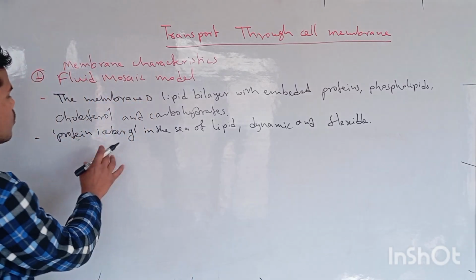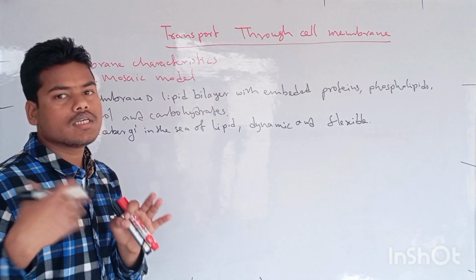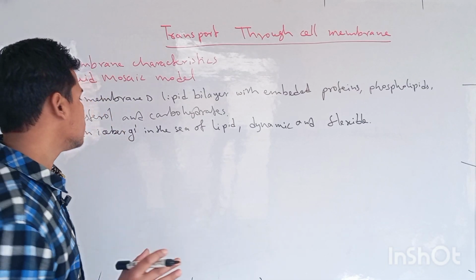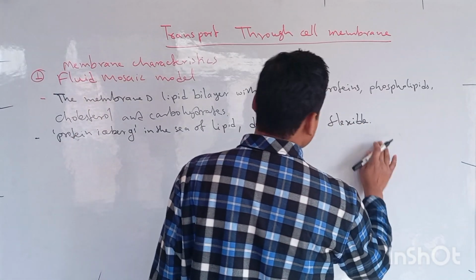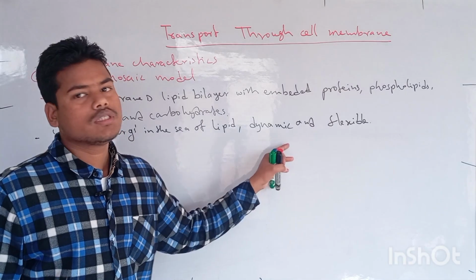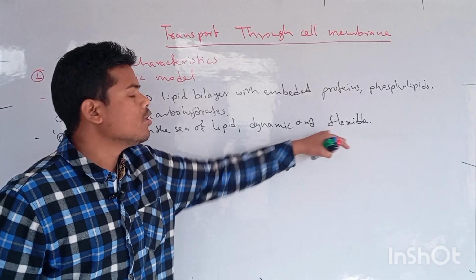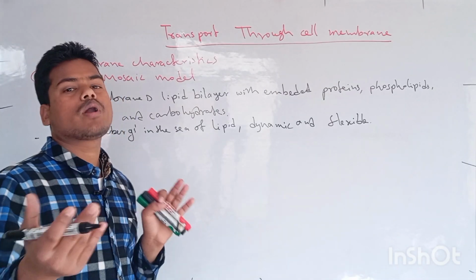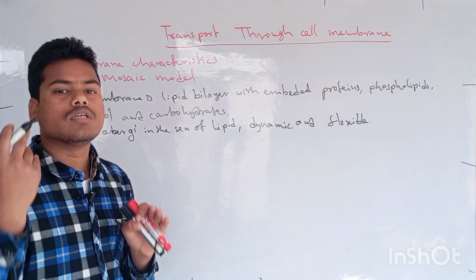So the function of this plasma membrane is to maintain the integrity of the particular cell, dynamic and flexible. But dynamic and flexible doesn't mean that it is so permeable or easily disruptible.